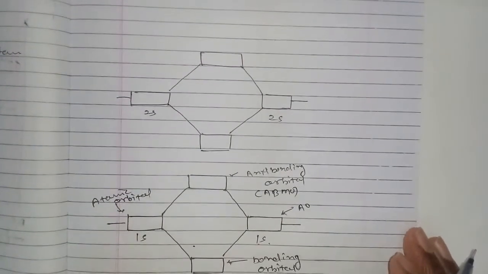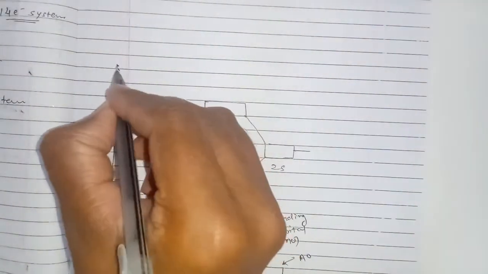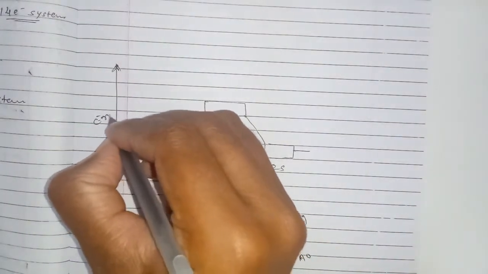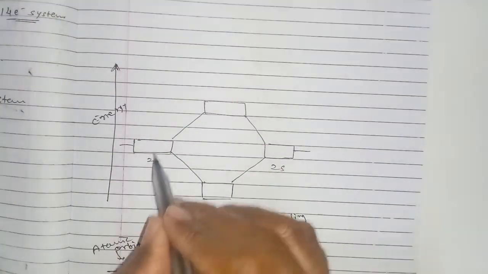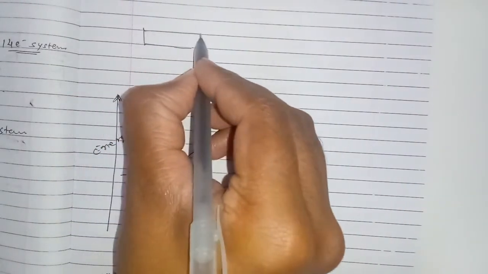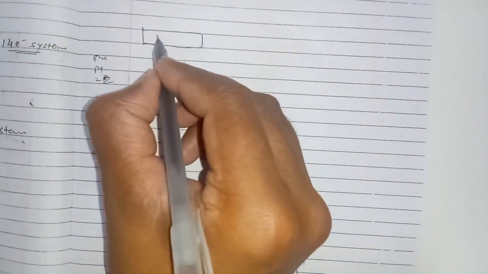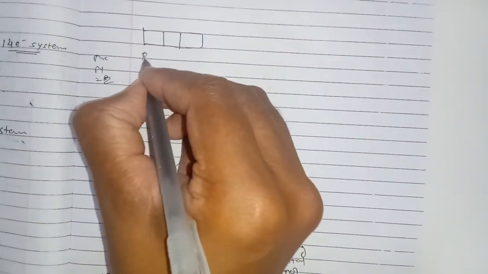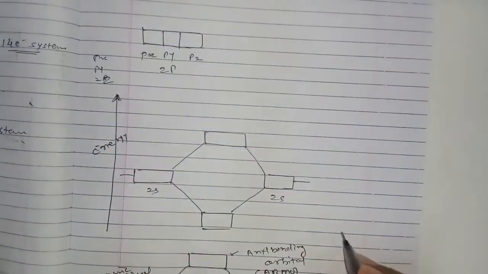here the other one. Now, according to increasing energy level, after 1s comes 2s, and then 2p. For 2p there are three suborbitals, px, py, and pz. Px, py, and pz for the 2p orbital.